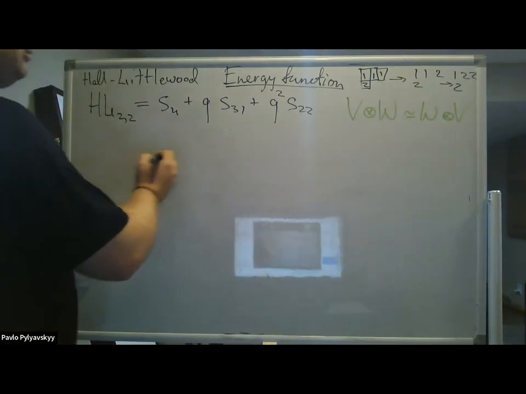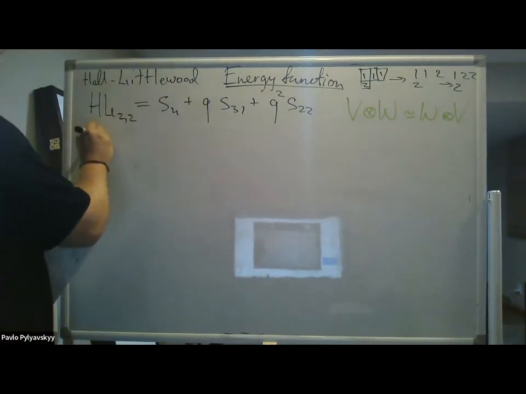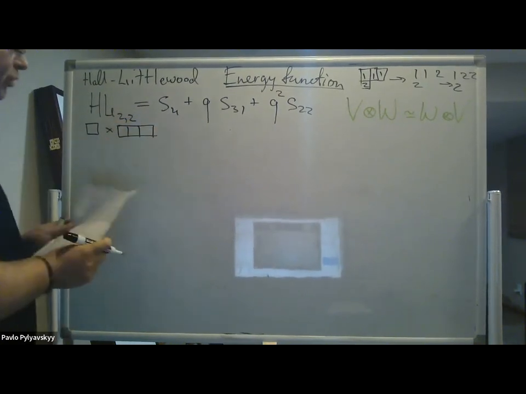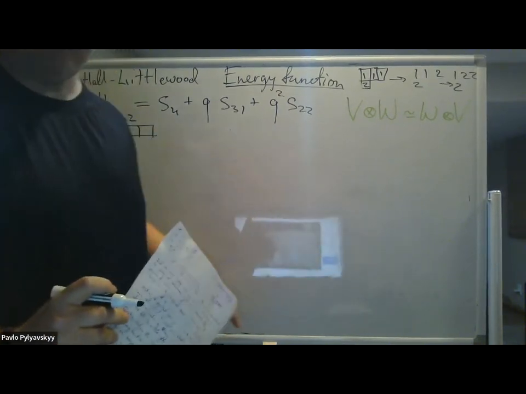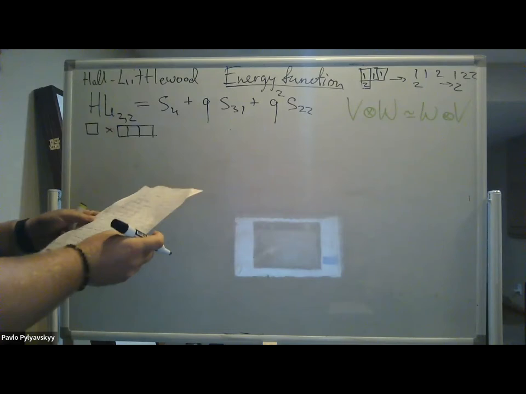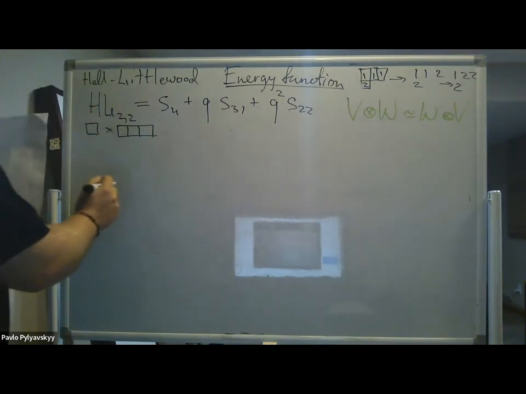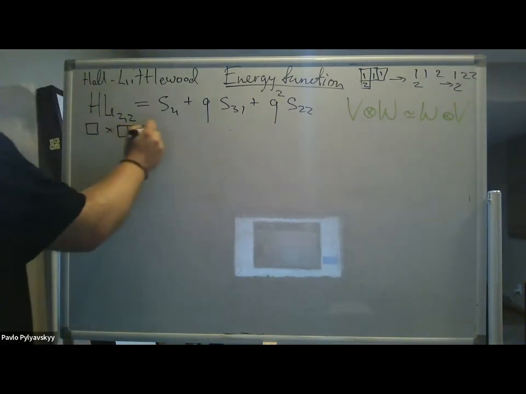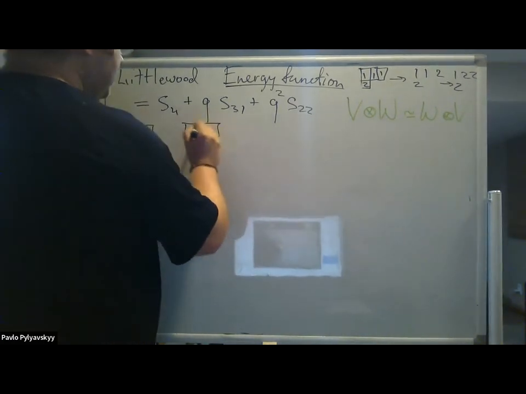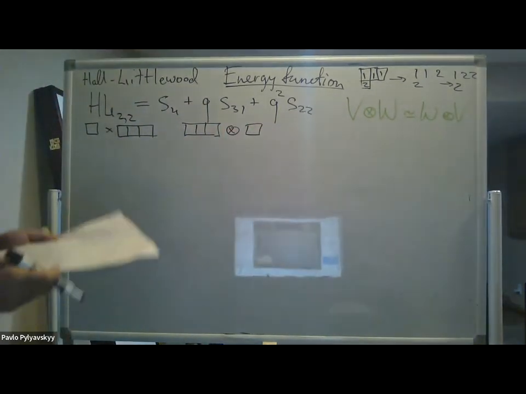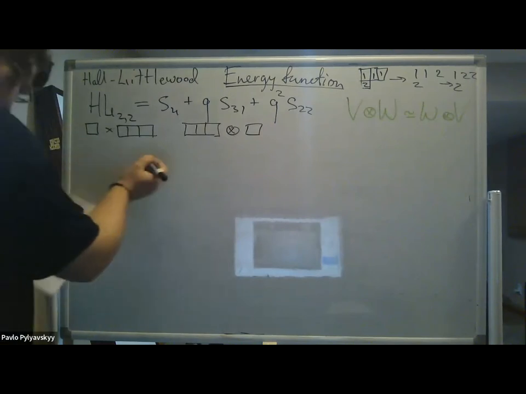So imagine that I want to take the tensor product of a single box times 3 boxes. Previously the one I had on the board was 2 times 2. This one is 1 times 3. And I can do it in 2 orders. I can also take 3 boxes tensor product 1 box. I'll just write how it looks.